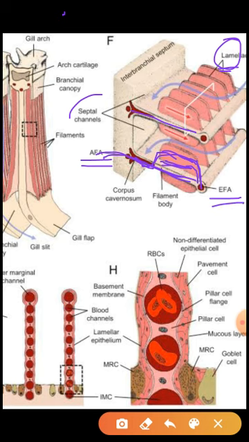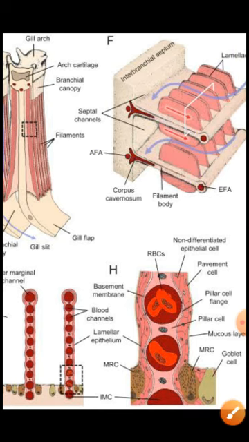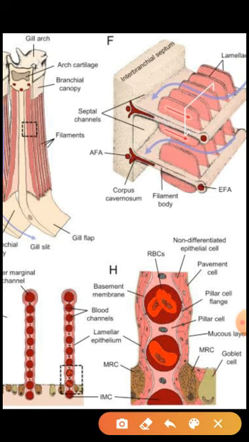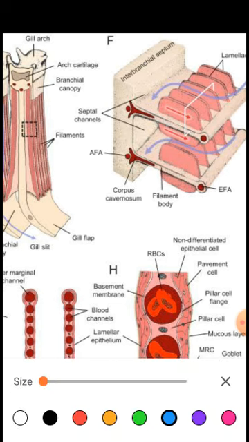The capillaries in the lamellae will oxygenate the blood. You can see the direction of the blood from here, and that direction of the blood is from afferent towards efferent, that is from here to here, in each lamella, while water is passing from this direction, isn't it? So both of them are in what?